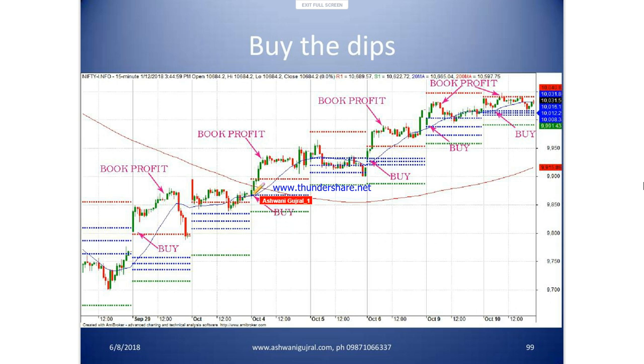Again here the price opened touching the pivot and you got this. So basically buying made money because every day the prices were higher than the pivot, right? So the idea should be to buy the dips mostly.